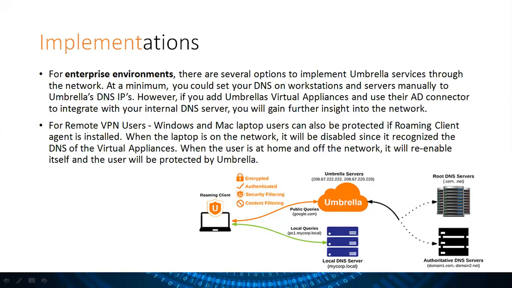Finally, if a user is remote, such as a VPN-based user, a roaming client is installed on your laptops to ensure that when the user is not part of a trusted network, resolution always happens through the Cisco Umbrella DNS servers.